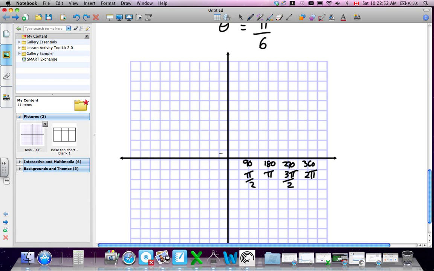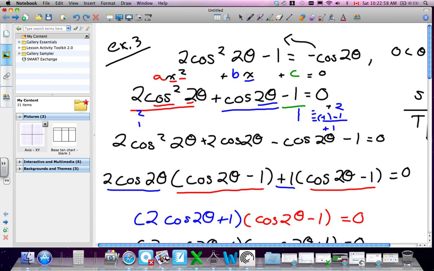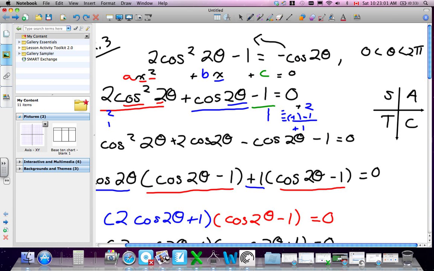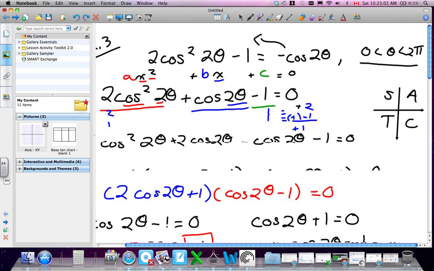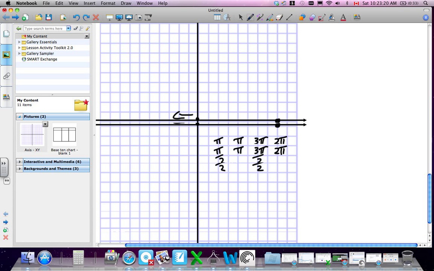Now, technically I could go in the negative direction also, but if we go way back up to the beginning of this question, the instructions say to solve between 0 and 2 pi. So that's all I need to deal with, because these waves technically go on forever. So I'm actually going to replace our degrees. We really don't need those because we're working in radians. So I only need to go from this point here to this point here of the wave.